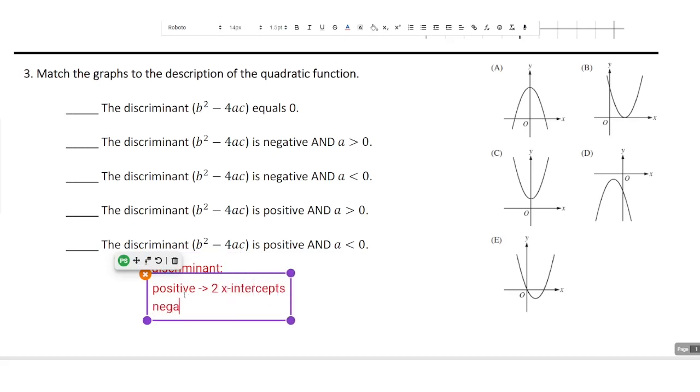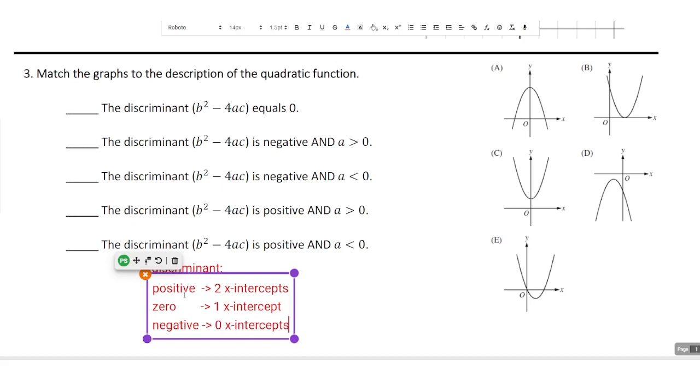If it's negative, or let's just say if it's 0, let's start with that one, then there will be 1 x-intercept. If it's negative, then we're going to have 0 x-intercepts. So we'll be looking at the x-intercepts and just kind of counting them to determine what our correct answer is.